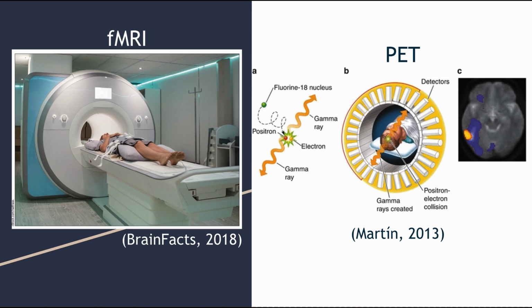The next one is positron emission tomography, which is PET. It detects short-lived radioactive compounds that have been injected into the bloodstream intentionally. The radioactive compounds could be oxygen, glucose, or a neurotransmitter, and PET traces where these compounds go.